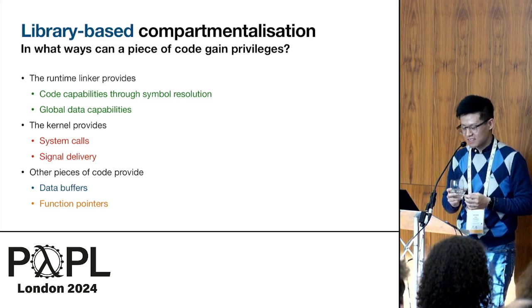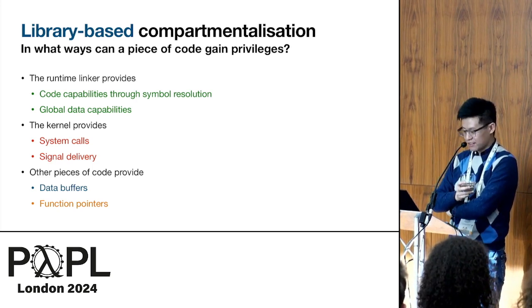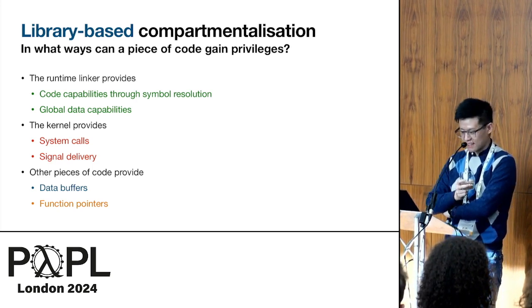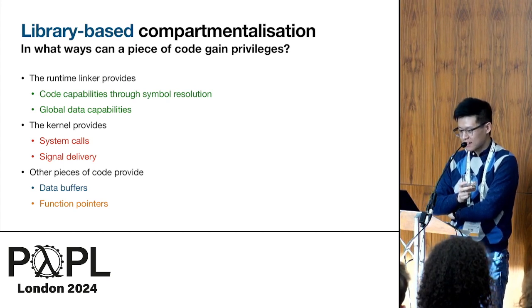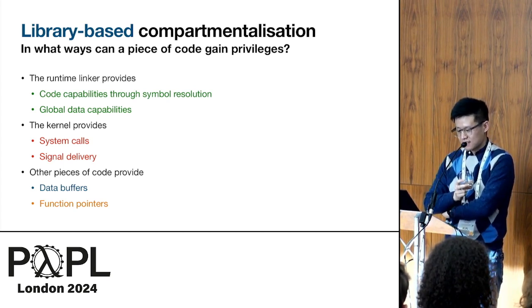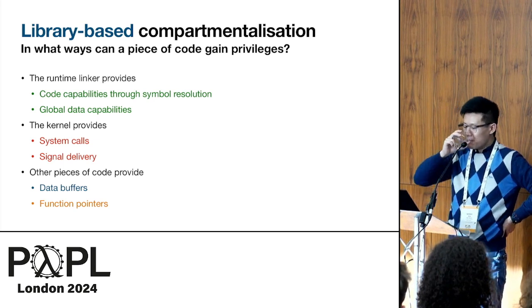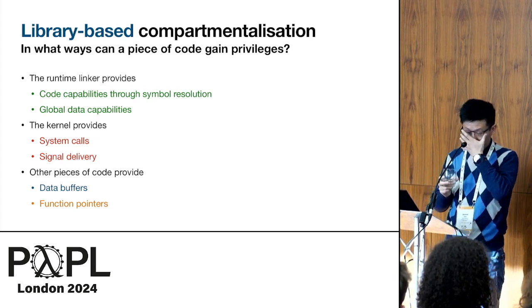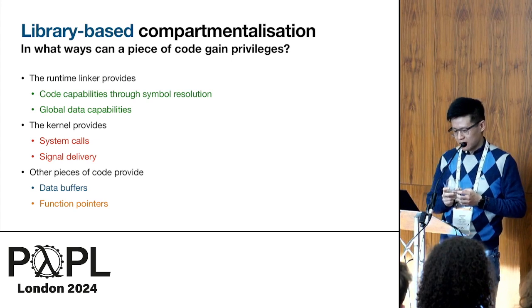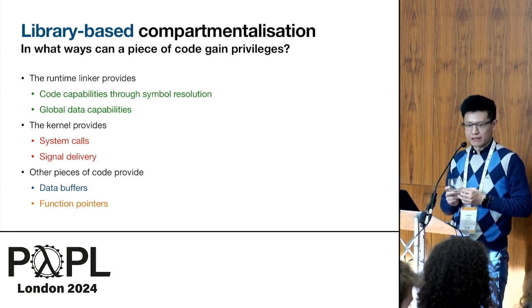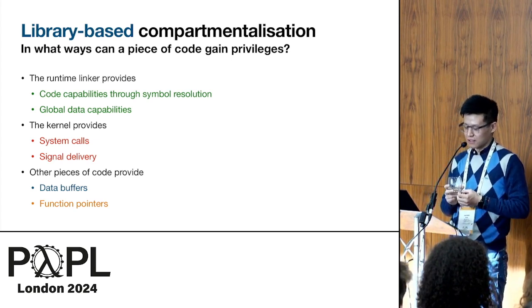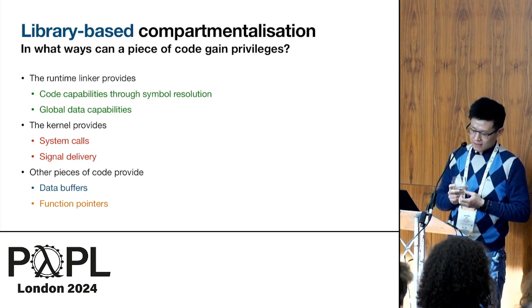Okay, now let's dive into the kind of protections that we can gain with library-based compartmentalization. Let's analyze the ways in which a piece of code can gain privileges. When the code is executing, the runtime linker can provide it with capabilities through dynamic linkage.